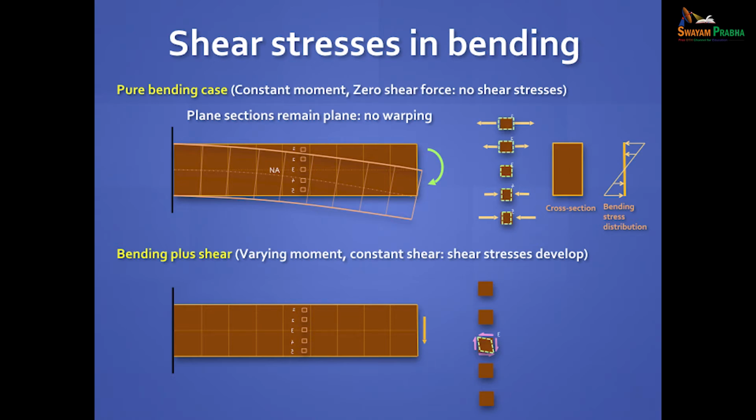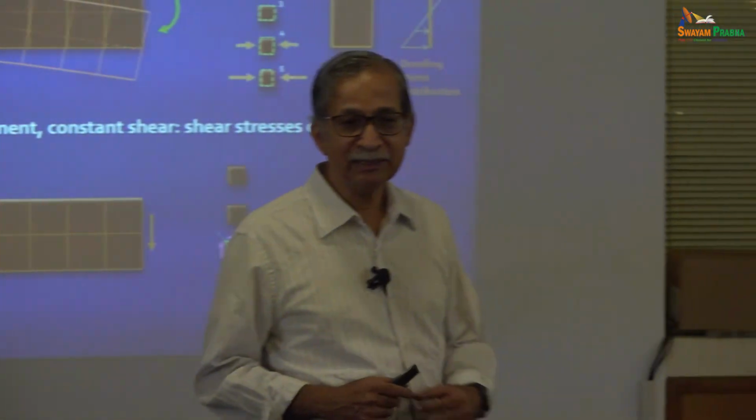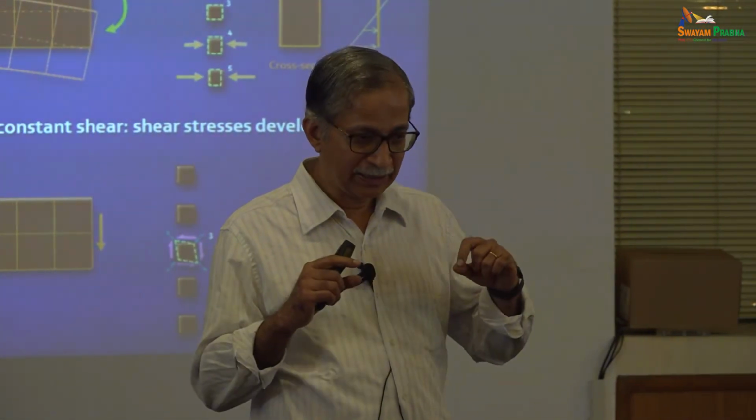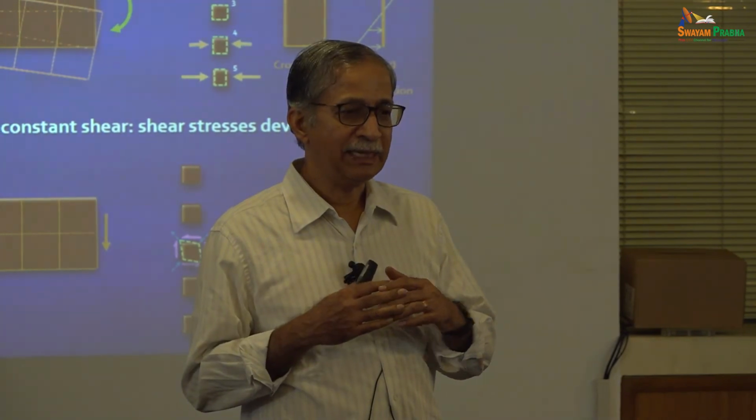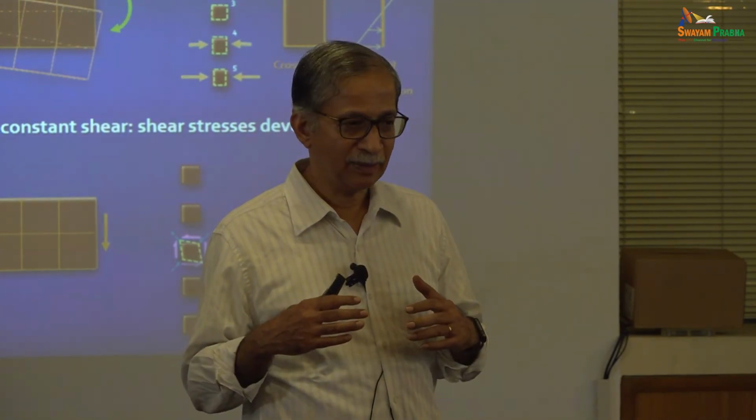Got it? So this is the condition of shear, and if they are equal, in this case, you could say that it's a condition of pure shear stress there, which you could equate to tension and compression, right?